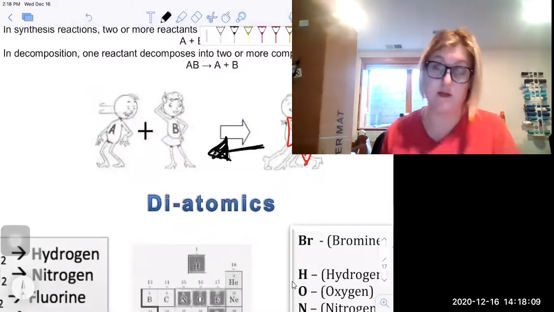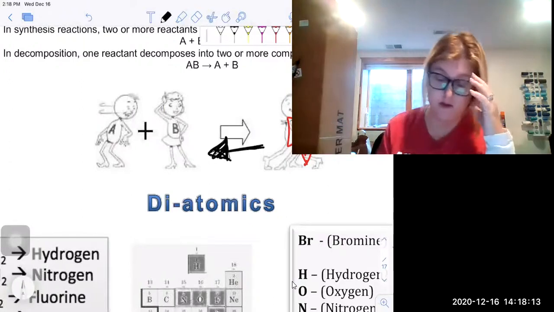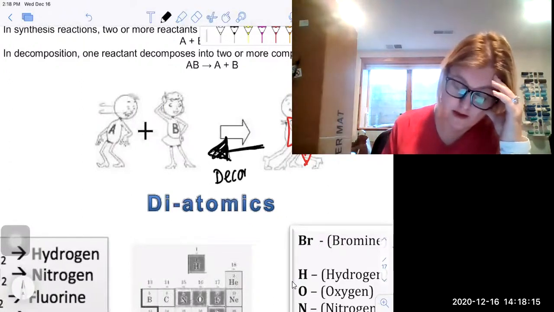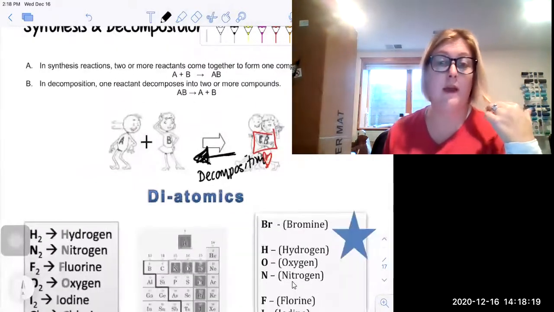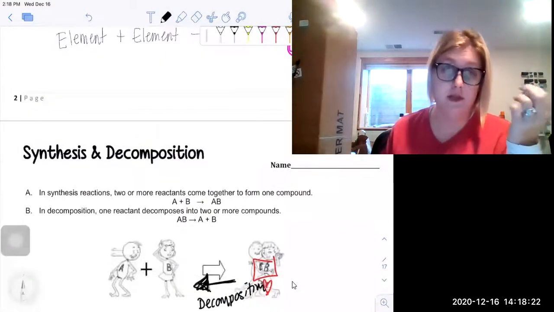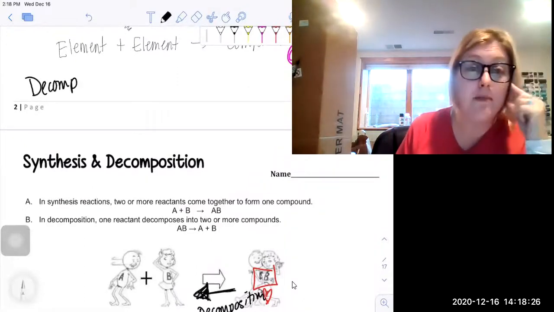In a decomposition, you are in a relationship and all of a sudden you break up, okay? When we go the opposite way, that is called a decomposition, and you can often abbreviate this as decomp.